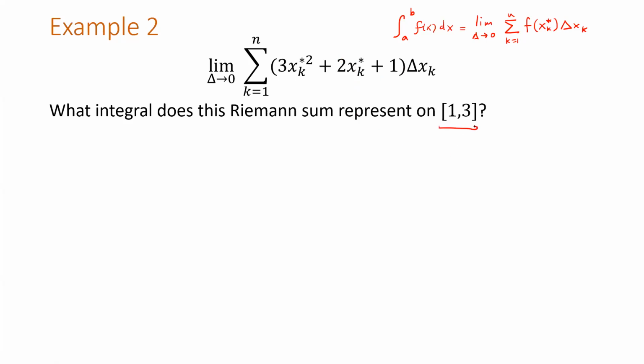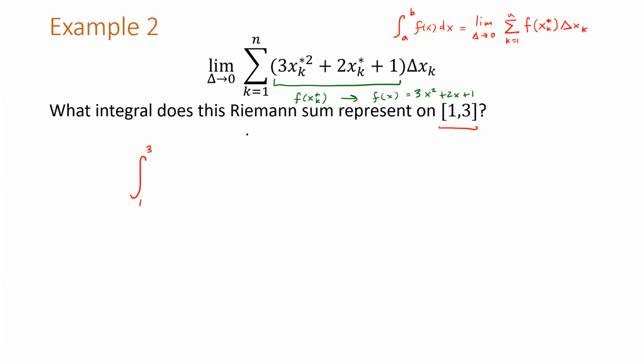So since they tell us what interval it's on, we know the integral will go from 1 to 3. This is like our f of xk star here. So that means our f of x would really just be, we'll replace xk star with x, and it's just 3x squared plus 2x plus 1.